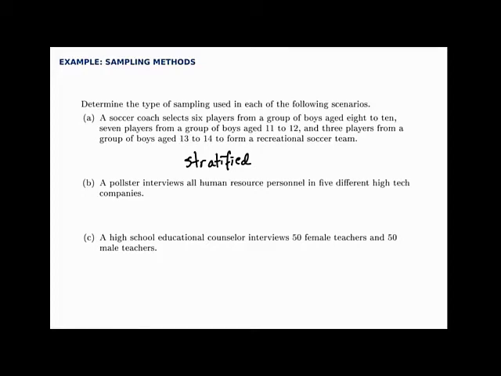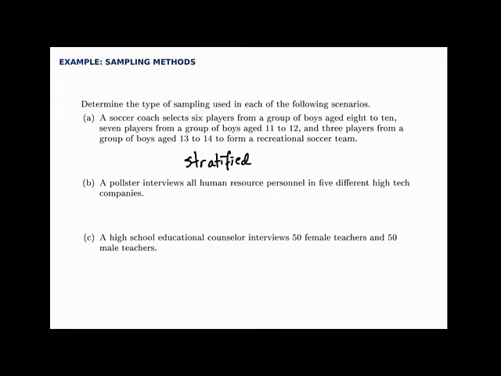In the second part, there's a pollster who interviews all human resource personnel in 5 different high-tech companies. And this may be hard to see at first, but the fact that this pollster selected 5 companies leads you to think that they looked at all of the companies that were out there and thought of each company as a group, and they selected all human resource personnel from a few of these groups.